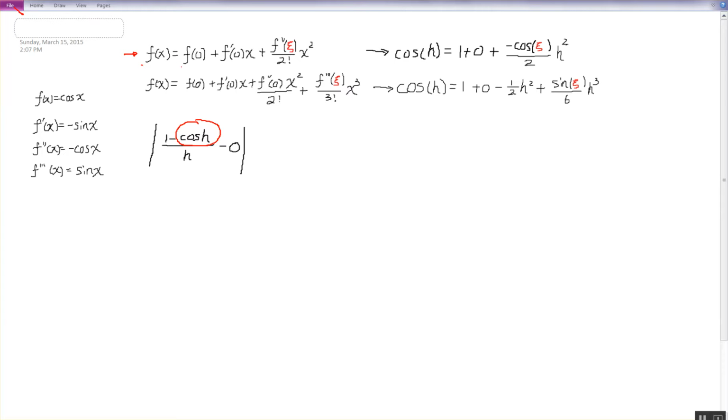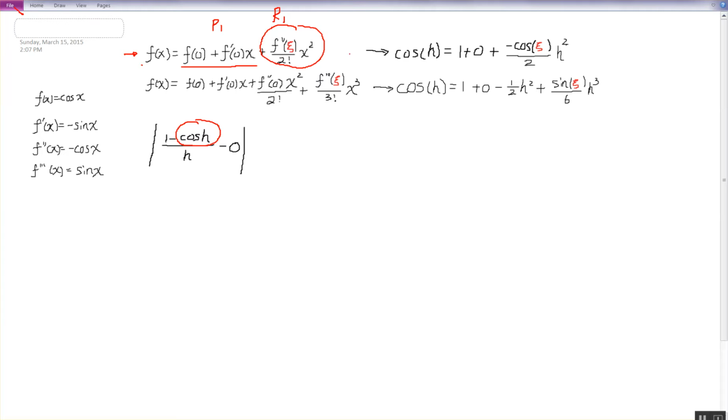If I want to find the first order Taylor polynomial, this is my P1, because the power of x is just 1. And here this is my remainder term, R1.